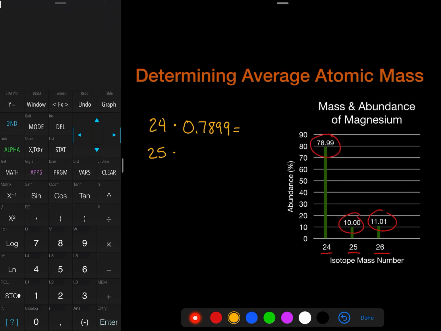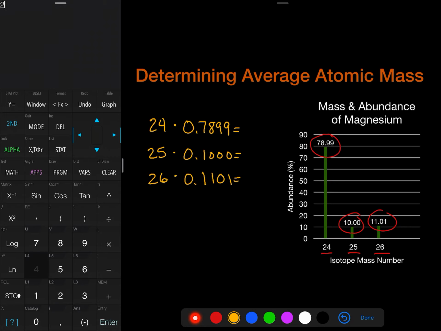So 25 times 0.1000, and then 26 times 11 point, change that to a decimal. See, I don't want to forget that. 0.1101. I always forget all the simple things that I should remember.